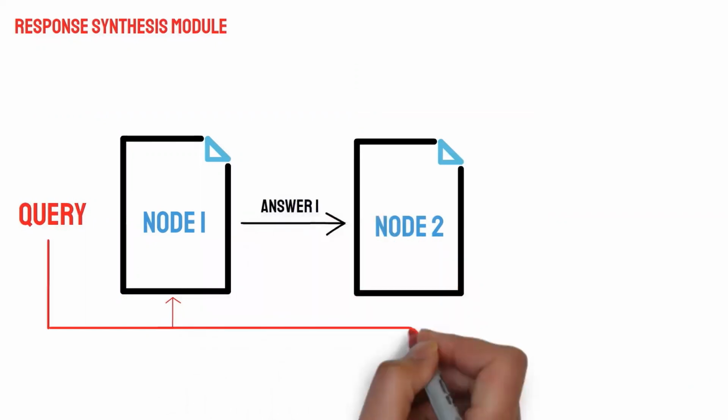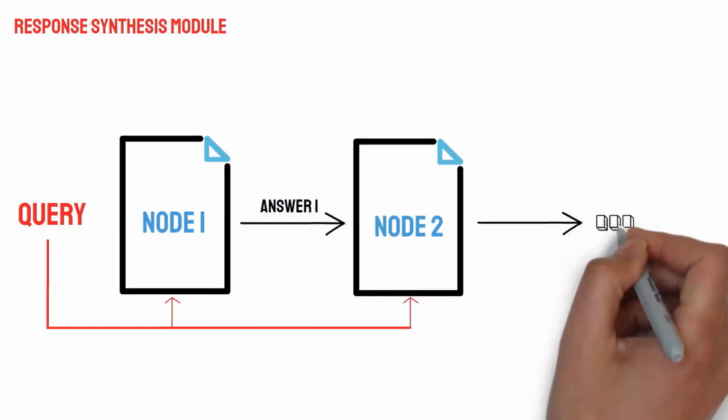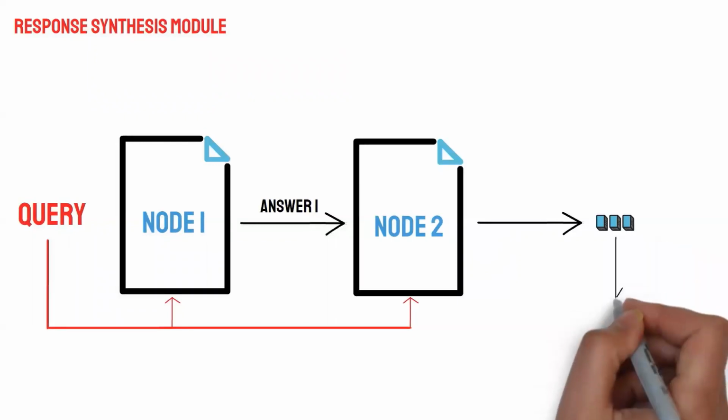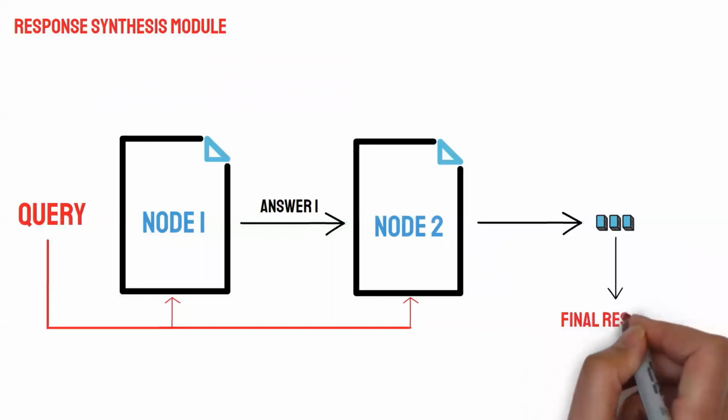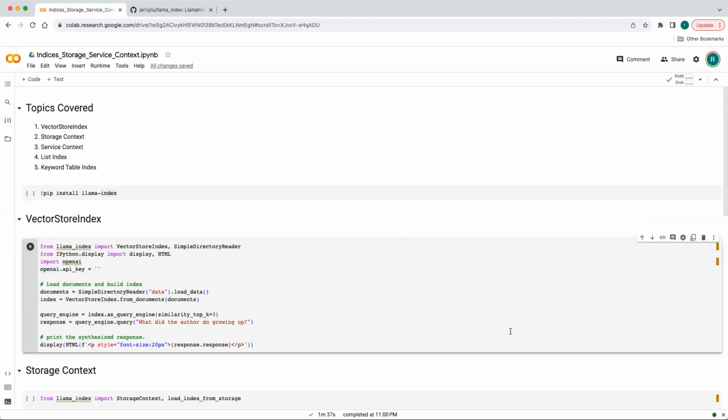Now we pass the query, the existing answer 1, and the text in node 2 to the LLM and ask it to refine or update the answer. Since there are only 2 nodes available, this is the final response generated for the query. If there are n nodes, this process is repeated for n nodes. So I think you all have understood the working of VectorStoreIndex.